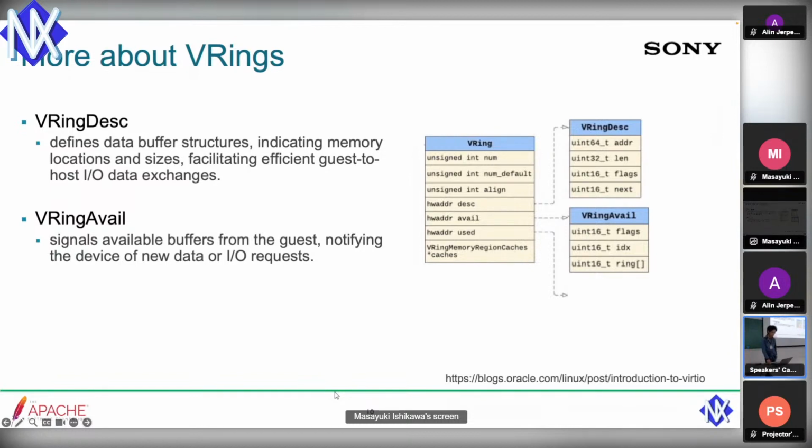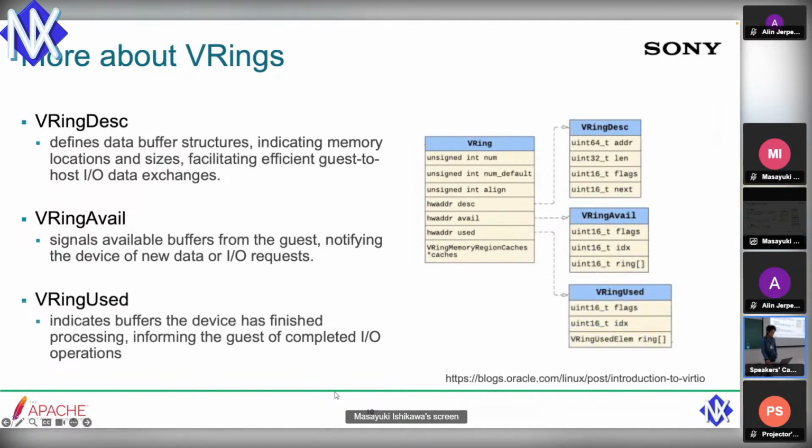For example, when sending network packets, we use this vring avail. And vring used indicates buffers that the device has finished processing. For example, for receiving network packets, we use this vring used. In the next slide, I will explain an example of the descriptor table and vrings.